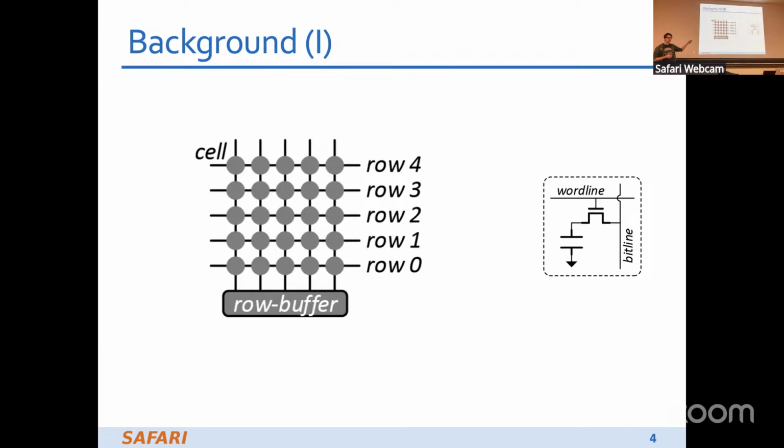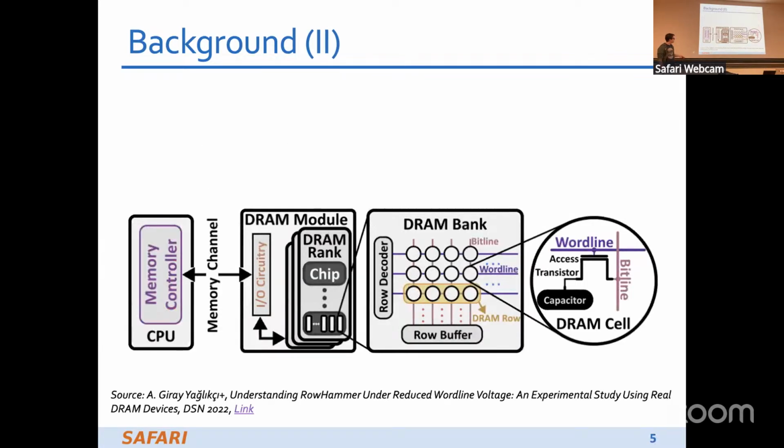Of course, this is embedded in an even larger structure for DRAM. First, we have the CPU, which has a memory controller, which interfaces from the CPU side with the memory. On the memory side, we have the DRAM module, which has multiple ranks, each of these ranks containing multiple chips, each of these chips containing multiple banks, and the bank contains what we have already seen previously, these arrays of cells.